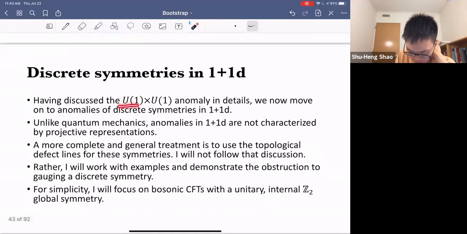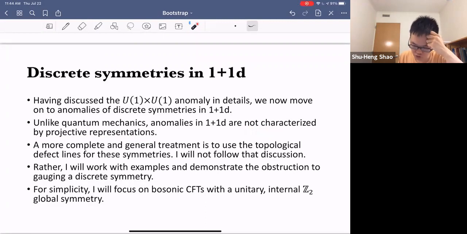So we have talked a lot about the U(1)×U(1) anomaly in the previous lecture. But now let's move on to anomalies of discrete symmetries. Unlike quantum mechanics, anomalies in 1+1D are not characterized by projective representations, and they are more interesting in many ways.